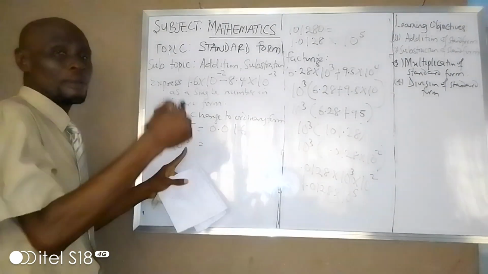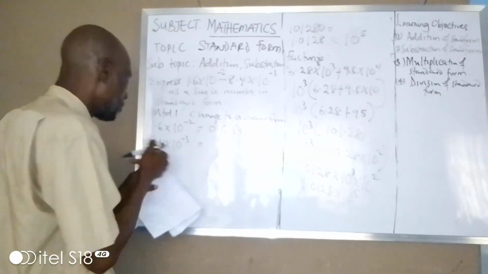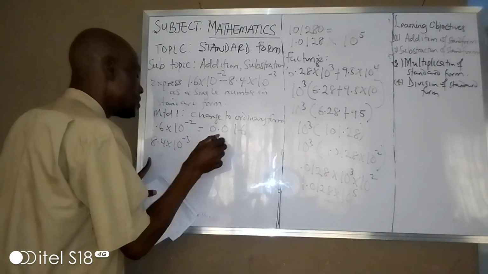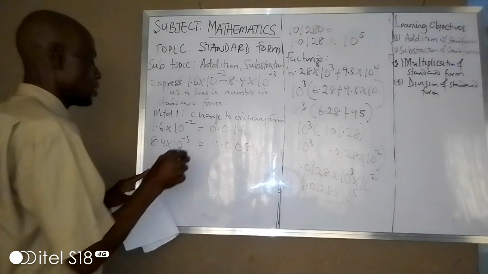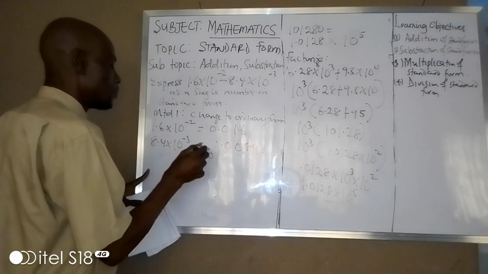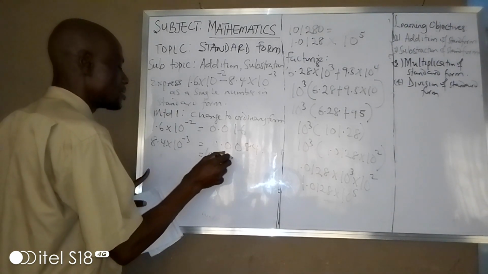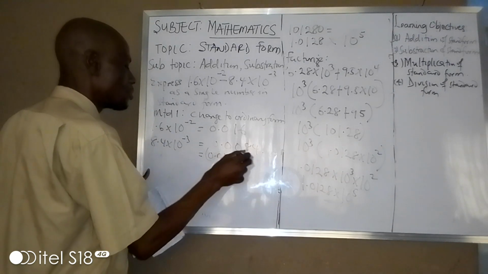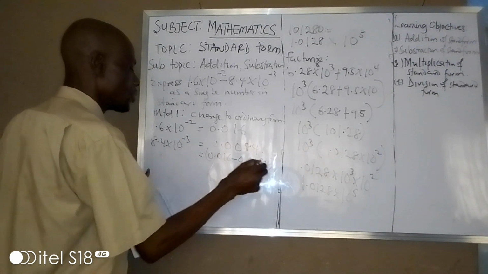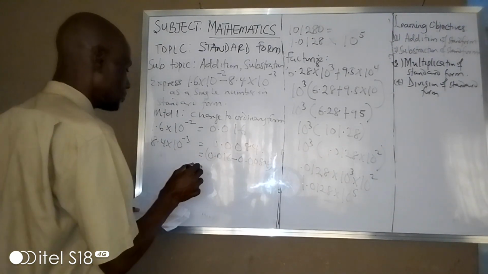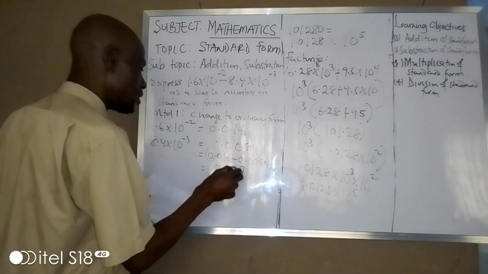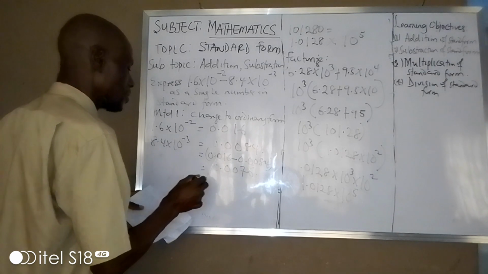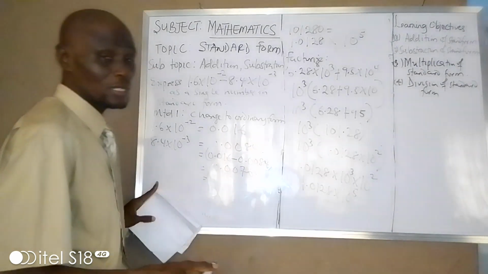Your n is minus 3, so you are going to have 0.0084. So we now say 0.016 minus 0.0084. When you subtract, that gives us 0.0076.